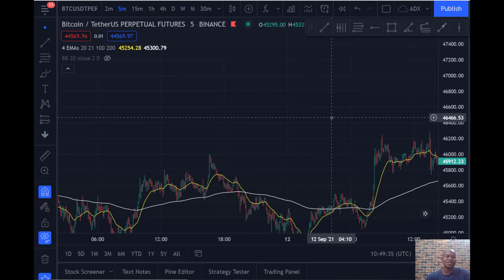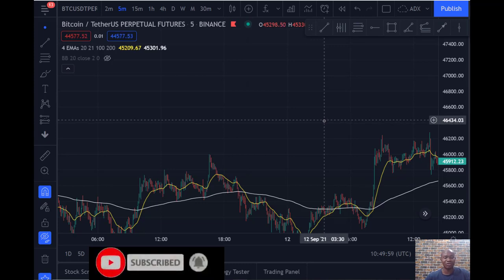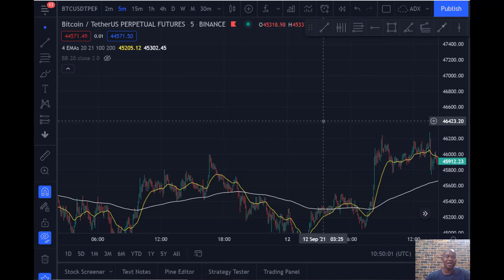That's why many newbies find it difficult staying in the game, because to be a profitable trader, we need to have a defined edge whereby we keep doing the same thing, whether we are losing or winning, because we don't calculate our winning on a trade by trade basis. We calculate our winning based on a sample of trades. So I'm going to show you how you can take a sample of trades and remain profitable.